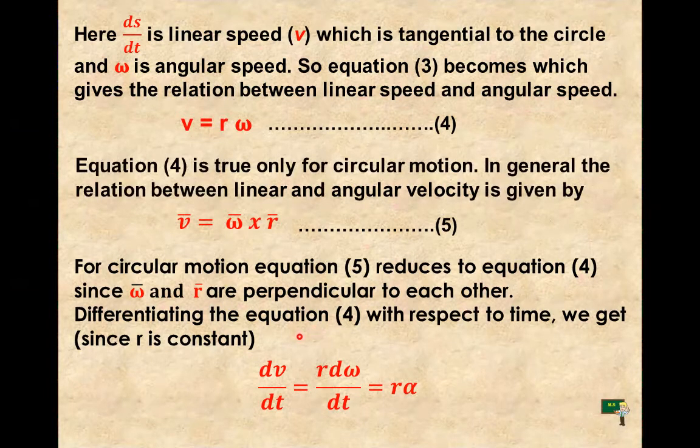If you differentiate equation 4 with respect to time, where r is constant here, we get dv by dt is equal to r d omega by dt, or r into alpha. Instead of d omega by dt, we write alpha.